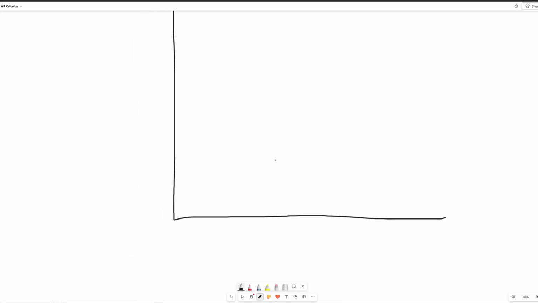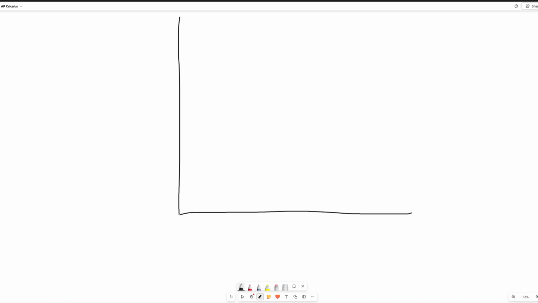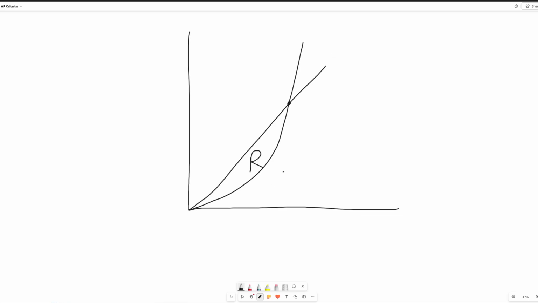So, we're going to have y equals x, and then y equals x squared right here. Intersection point right here at x equals 1, y equals 1, and then we're going to call this radius r. So now what we're saying is, what happens if you took r and rotated it around the x-axis?